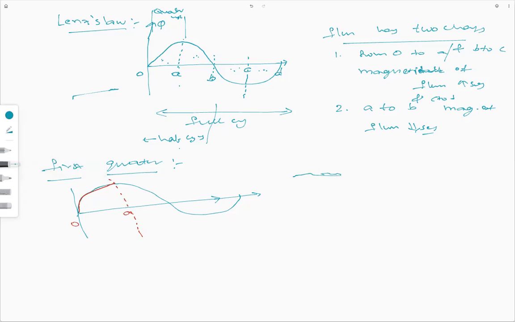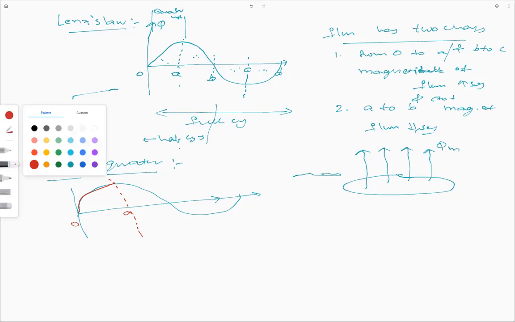So let us say this is a coil. The blue color lines I am drawing are the main field flux. What about the flux produced by the coil? Which direction?